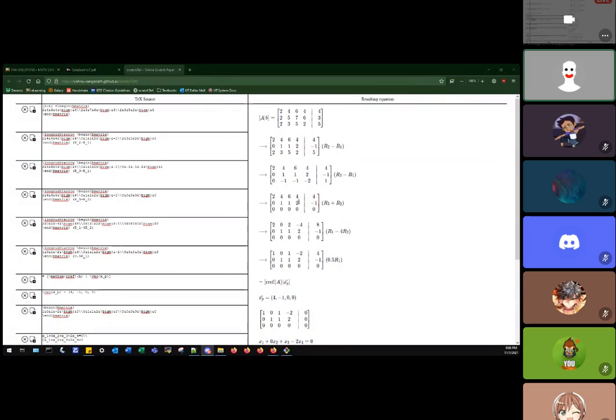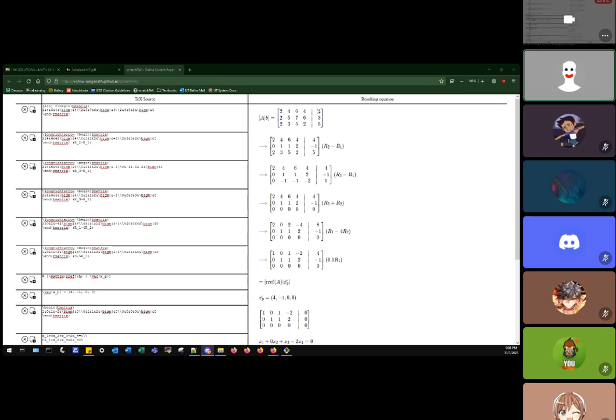Now that I think about it, what would you do if the second column were free and the other two were not? I don't think that process works.